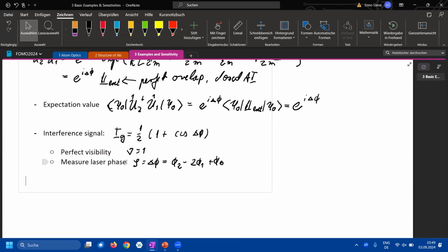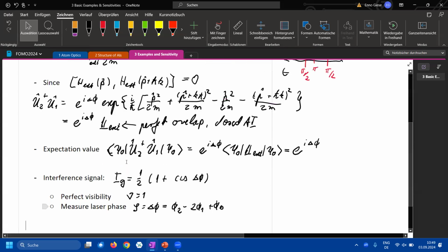So U external of T is equal to e to the minus i over h bar H external times T. And so, because everything commutes, because I don't have any position, I can just merge all those exponentials, and that's what I did in that line up there.